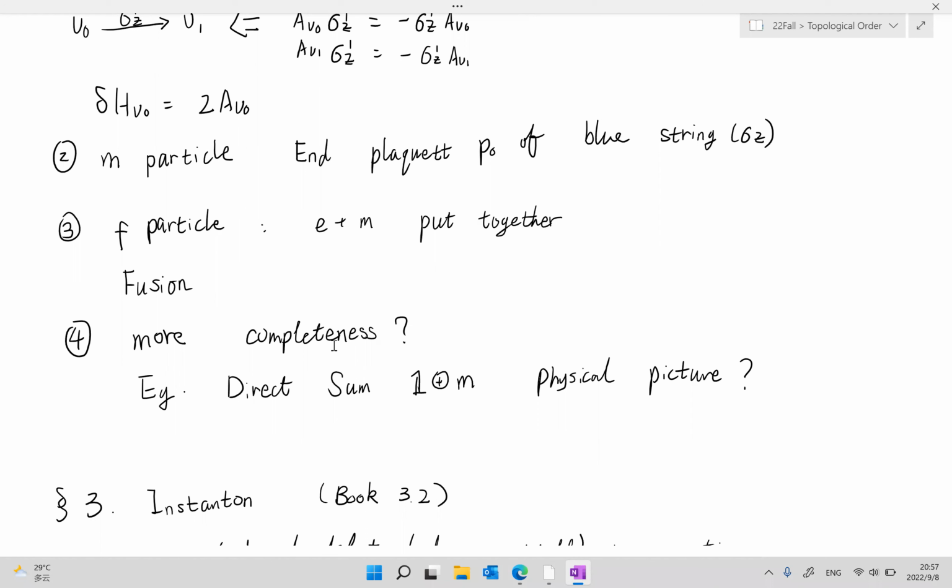You mean, how do we know this is complete? We have 4 excitations. How do we know that they are complete in this model? You have to use 3 here and by 1, and we have 1 trivial one.